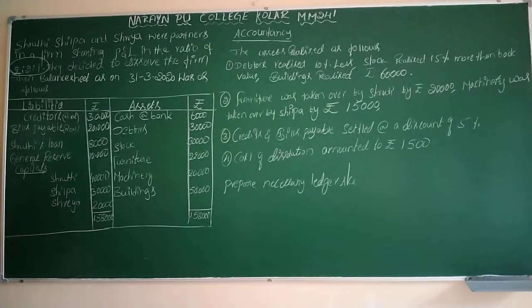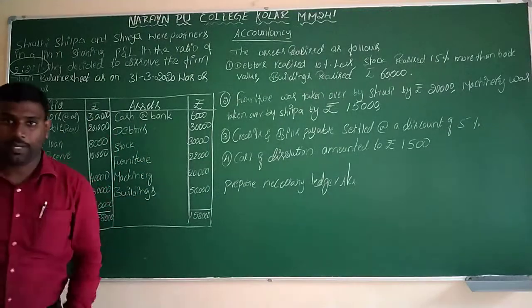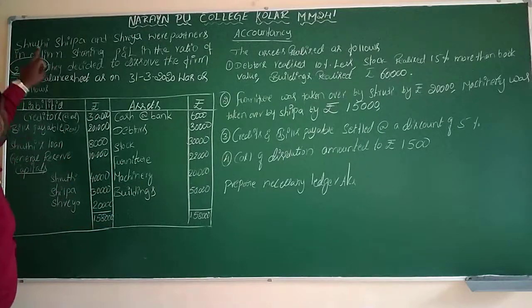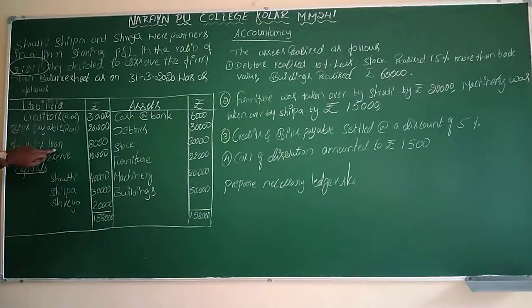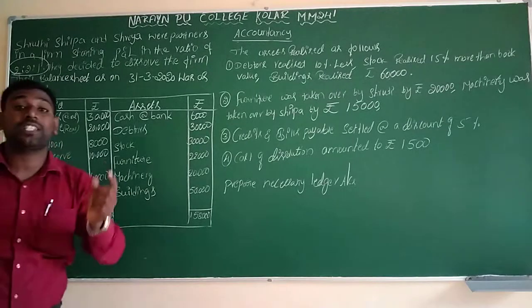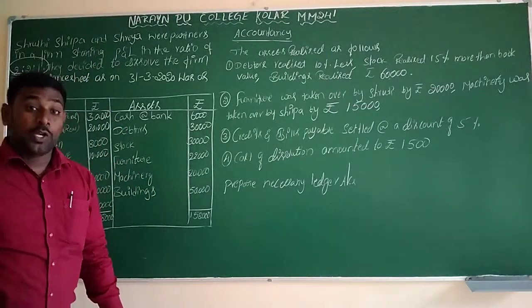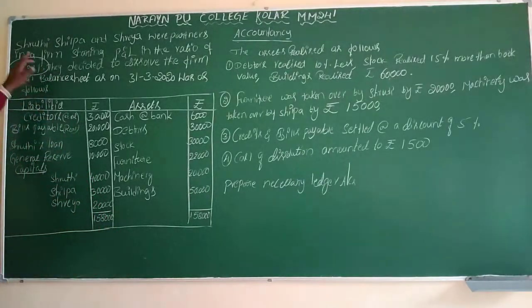Shruti's loan. Shruti is a partner. If any partner has given a loan to the firm, it will not be treated as a liability. Shruti is a partner, so if the partner has given a loan, it should be reflected in one place, the bank account only. Apart from these 3 partners, if any outsider has given a loan, then it is a liability.